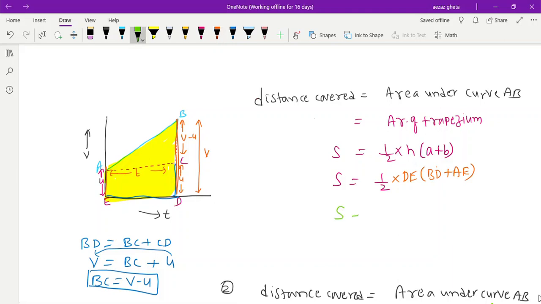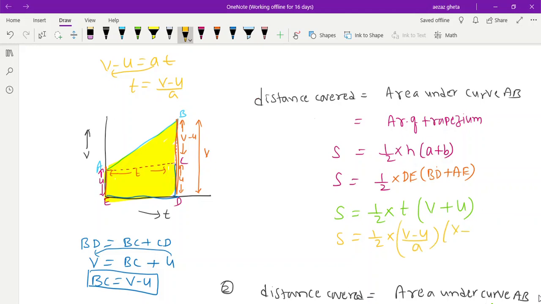So s is equal to 1 by 2. DE is nothing but t. BD is nothing but v, the total final velocity. AE is nothing but u. Then for t, I know the formula v minus u is equal to a into t, so t is equal to v minus u divided by a. So s is equal to 1 by 2 into v minus u divided by a, into v plus u.